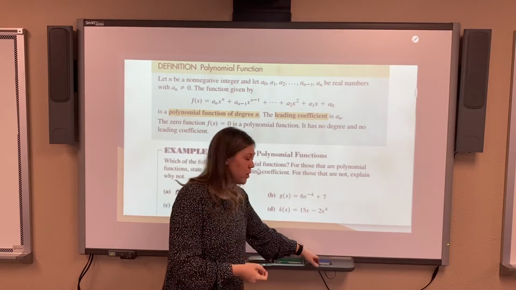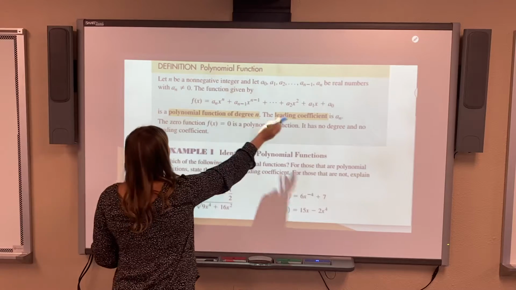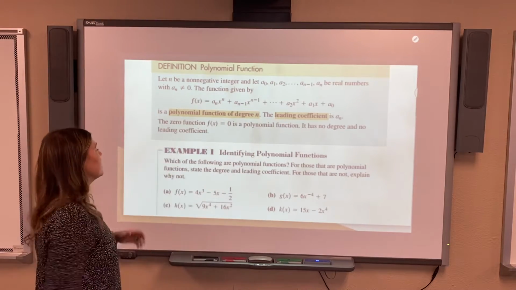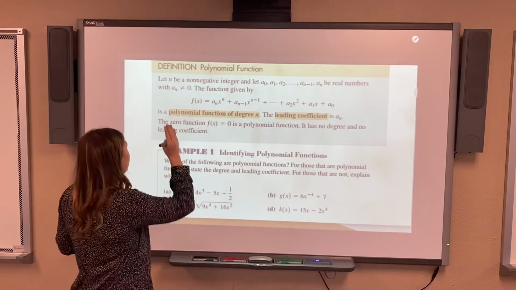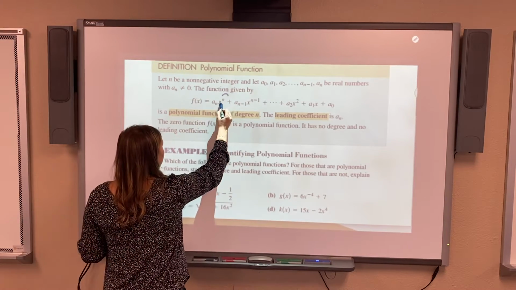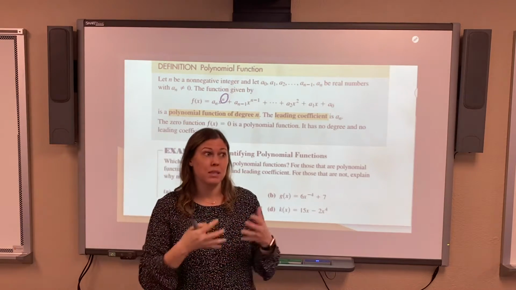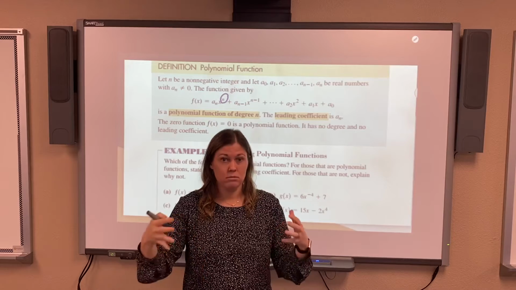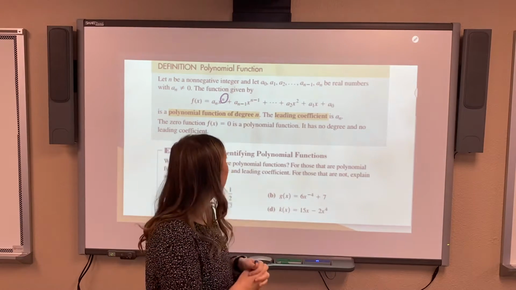For a polynomial, you're going to have this lovely thing right here. What it's saying is if we have f of x, a function, n is going to be a non-negative integer, and that is the degree n. It's going to be 0, 1, 2, 3, 4, a whole number.